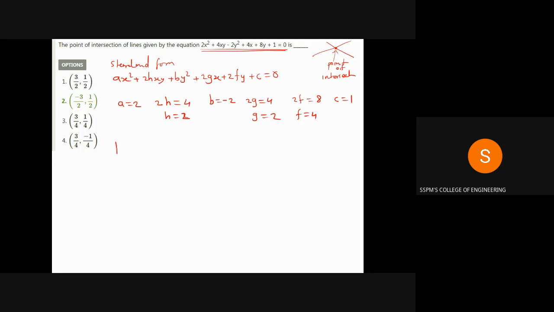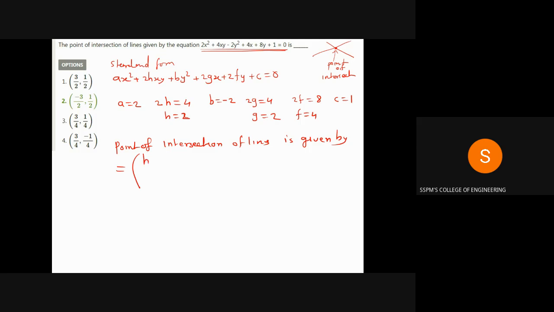The point of intersection of lines is given by, see this formula, you have to remember this.